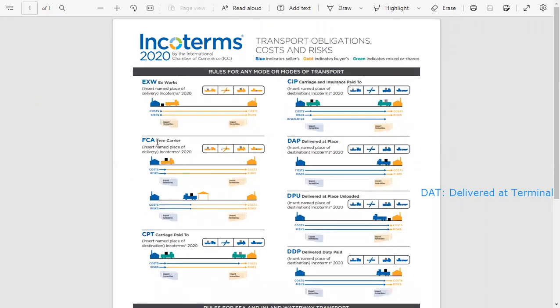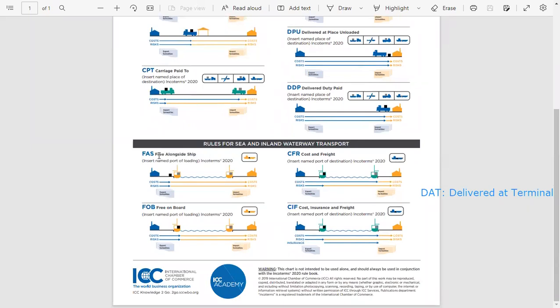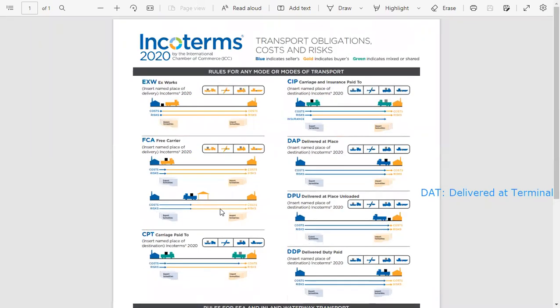And in F group, we always start with free carrier, free alongside ship, and free on board. So that's some trick for remembering the full name of the relevant Incoterm.